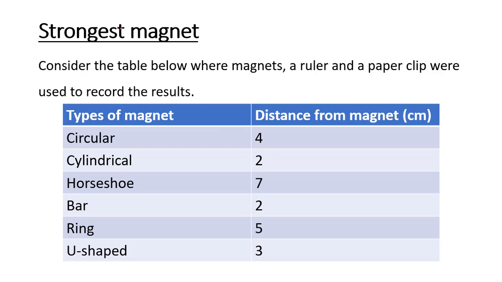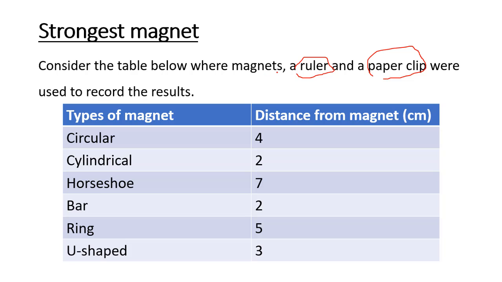Let's talk about the strongest magnet. For you to know which magnet is stronger and which is weaker, you need all these kinds of magnet, a ruler and also some paper clips.